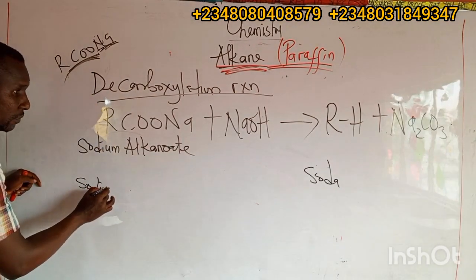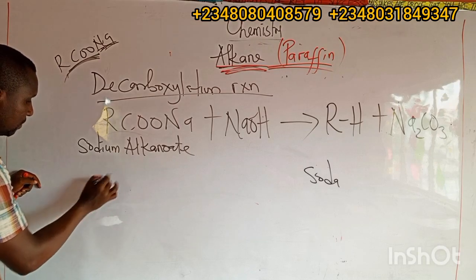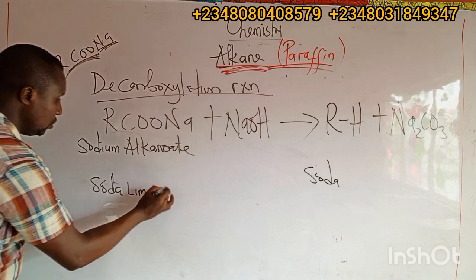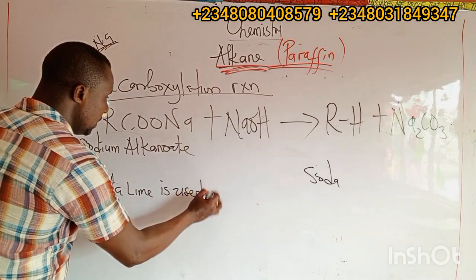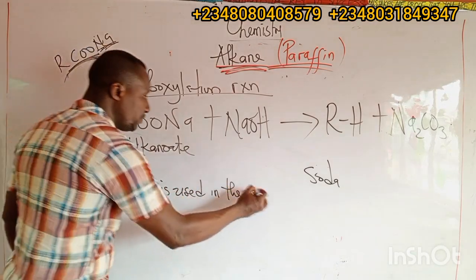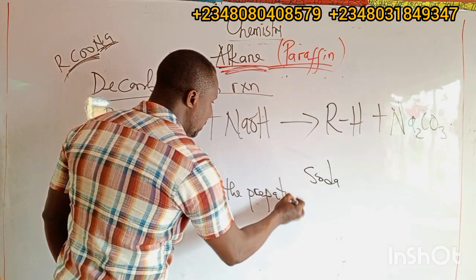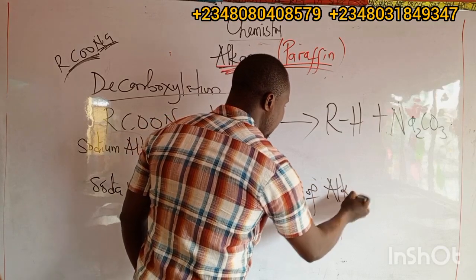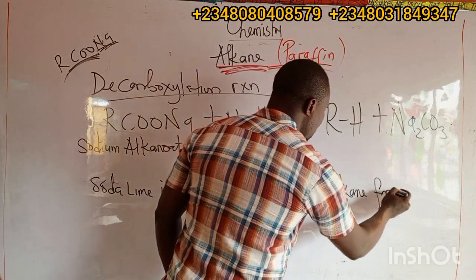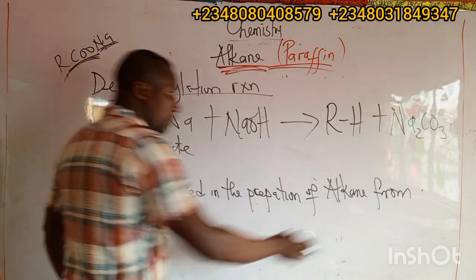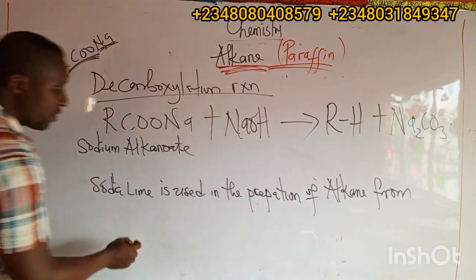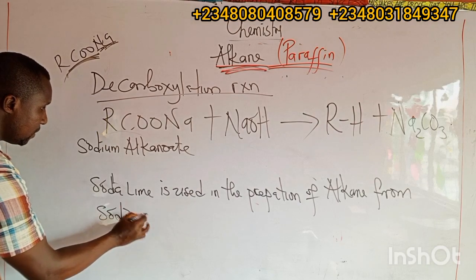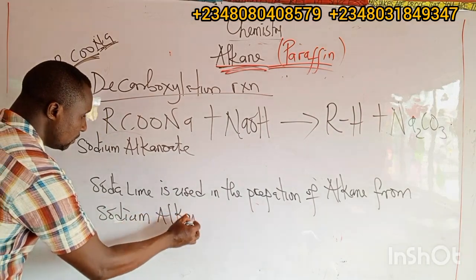Soda lime is used in the preparation of alkane from sodium alkanoate.